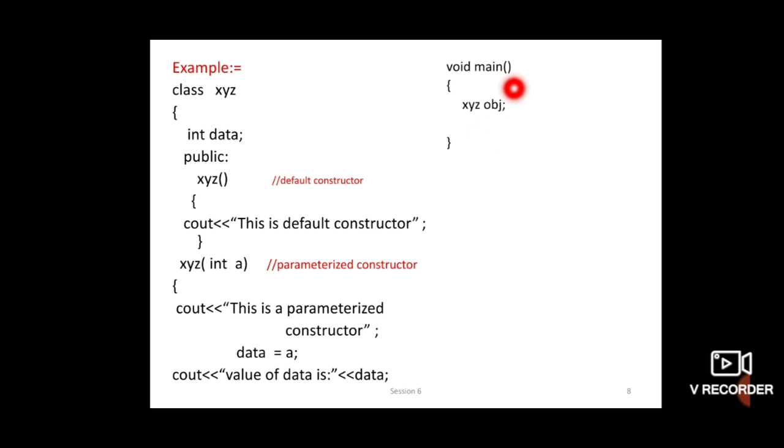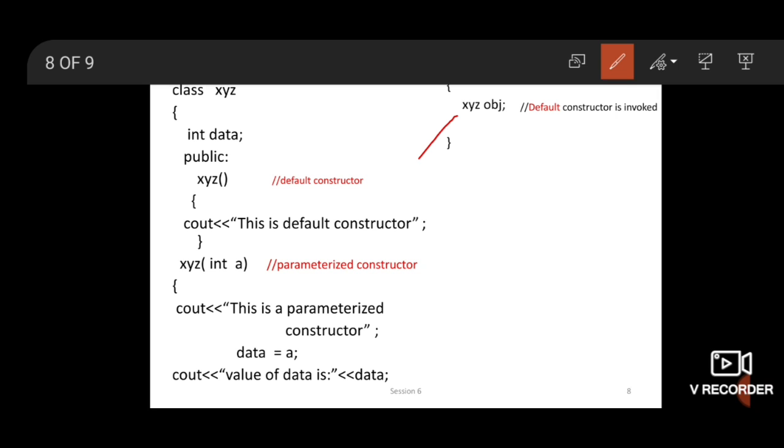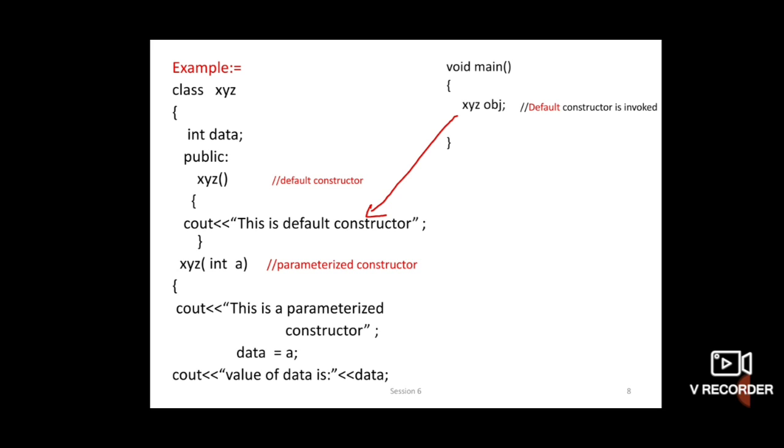When an object is created, at that time the default constructor is automatically invoked. So when this statement XYZ obj executes, the default constructor is invoked, and the statement in it is automatically printed.